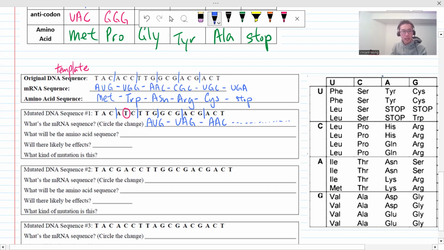What will the amino acid sequence be? Well, the first one is still AUG, isn't it? So AUG, if you look it up, you should memorize it by now, right? The start codon is always MET. And then what's UAG? Someone tell me what UAG is, please.